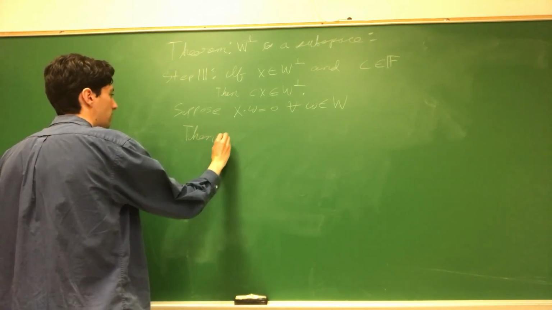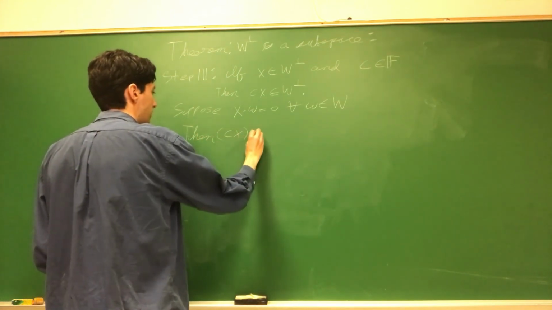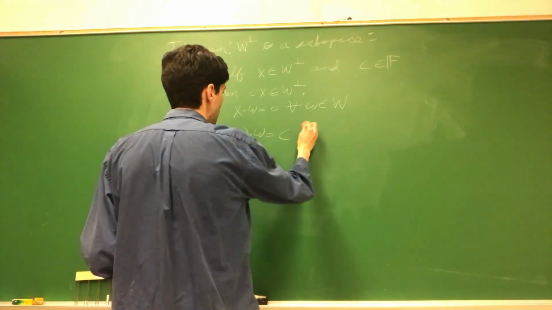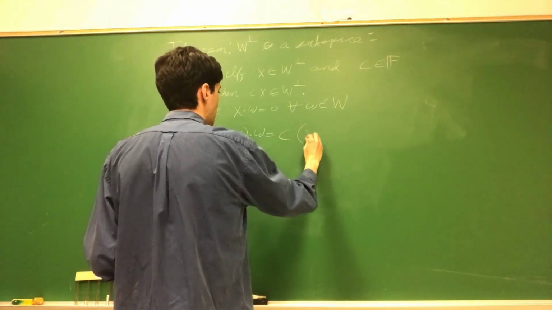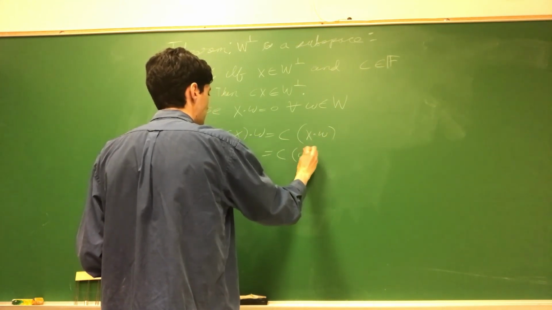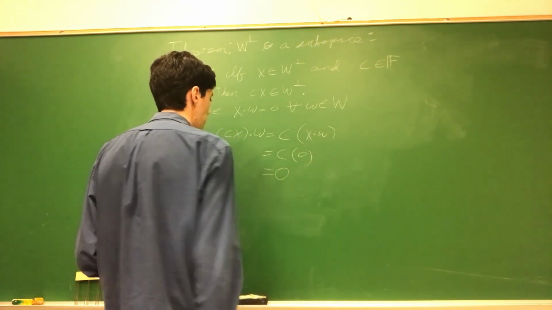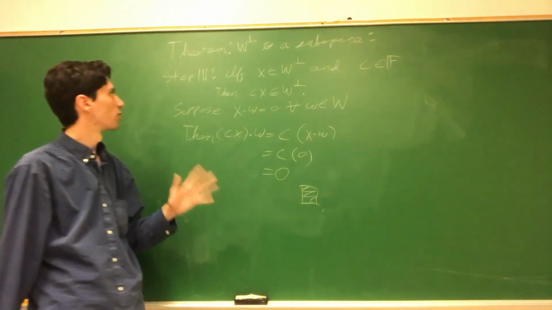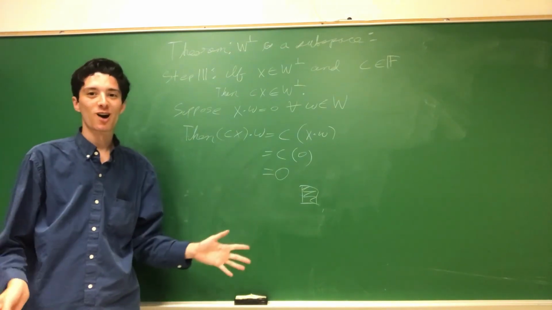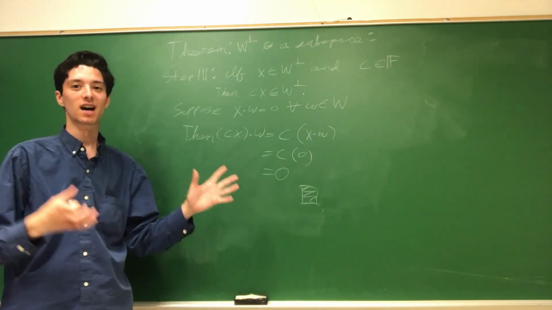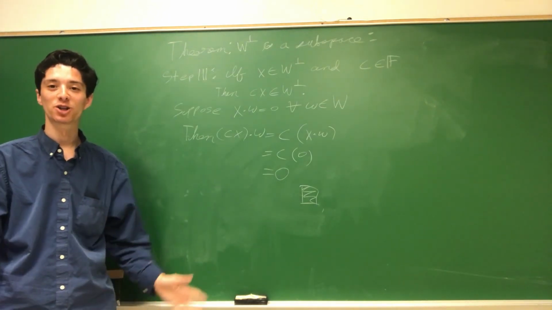Then cx dot w, remember, is equal to c times x dot w. This is equal to c times 0, which is simply equal to 0. Therefore, we have shown all the requirements that the orthogonal complement of a vector space is a vector space, which is what we wanted to show.